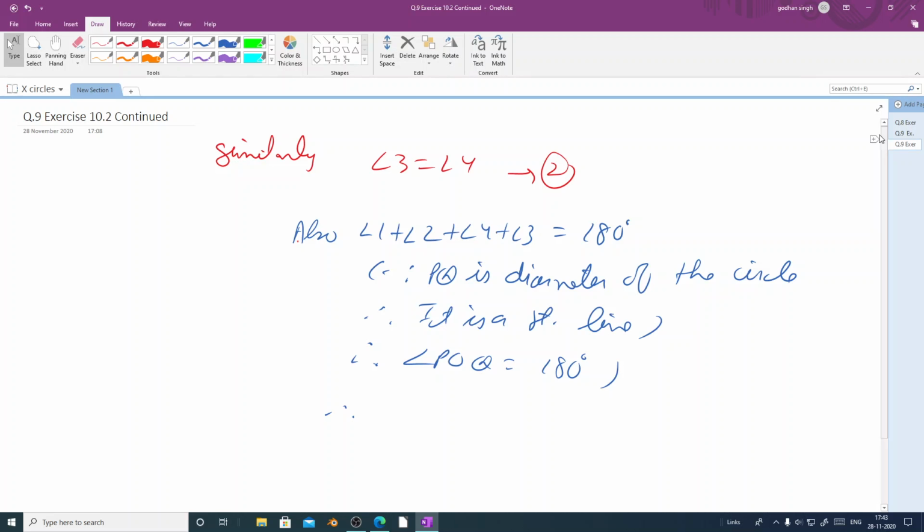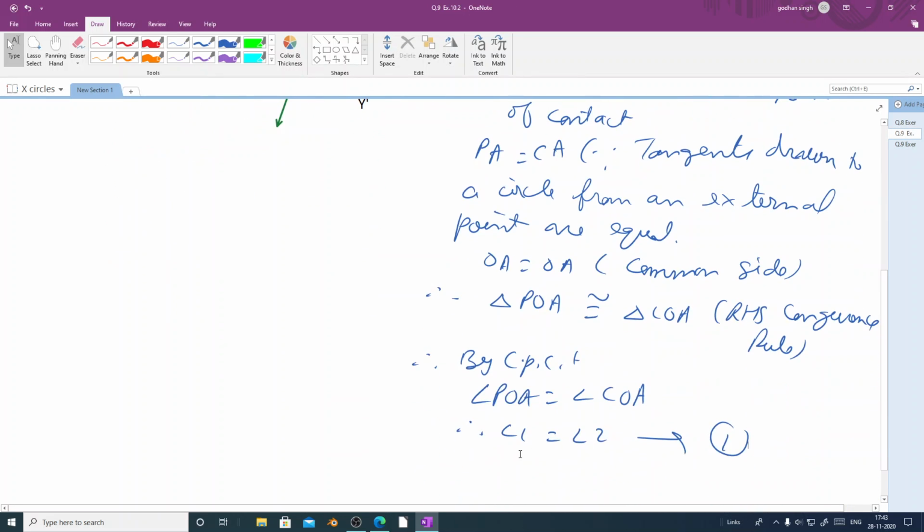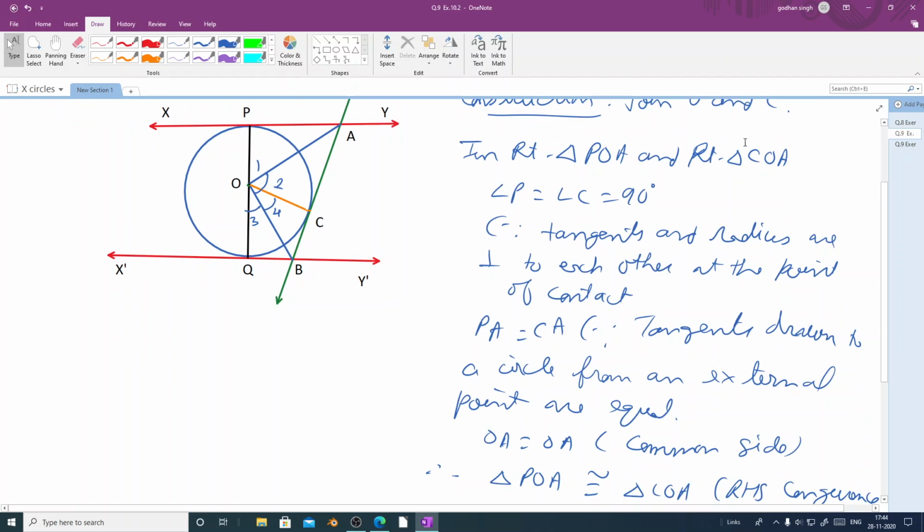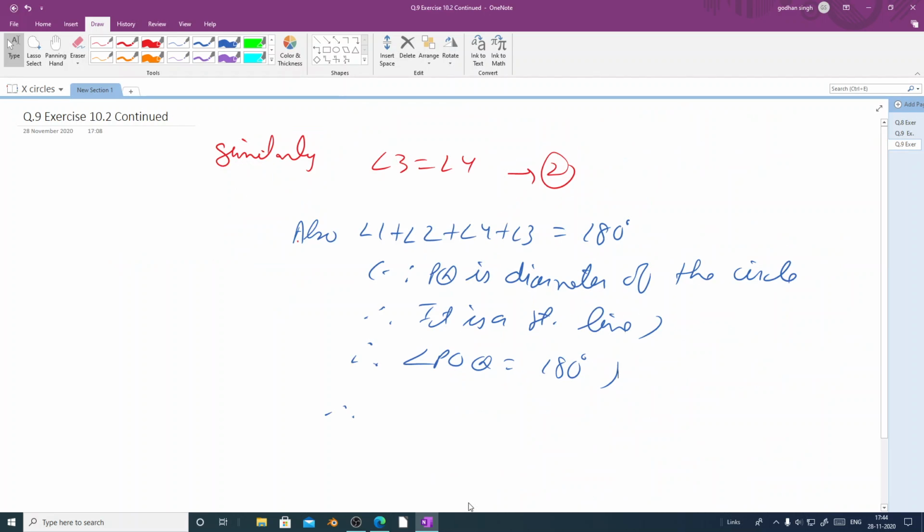Now let us move back to our figure. In that, what we have got is angle 1 is equal to angle 2 and angle 3 equal to angle 4. So what we need to prove is that angle 2 plus angle 4 is 90 degrees. So now we will replace angle 1 with angle 2.